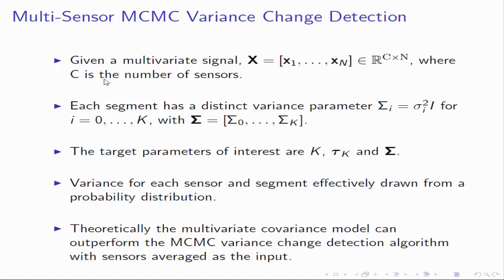So we have a common variance assumption. So our covariance is effectively a single variance multiplied by the identity matrix, which is of dimension C by C, the number of sensors.